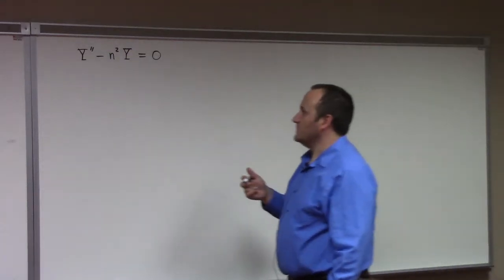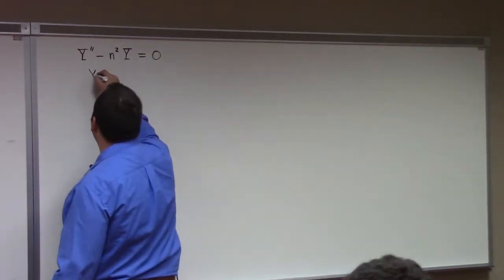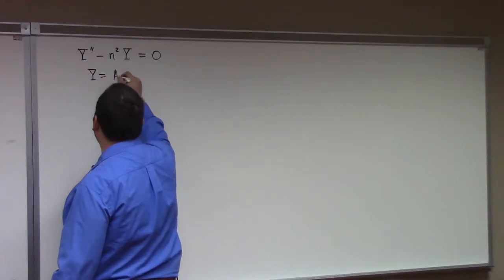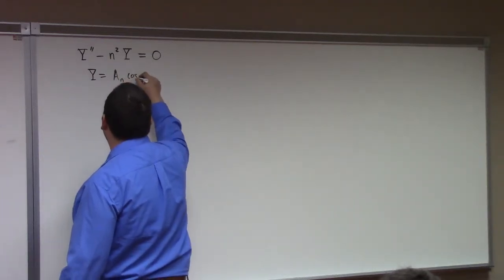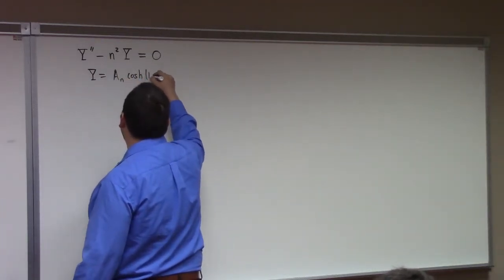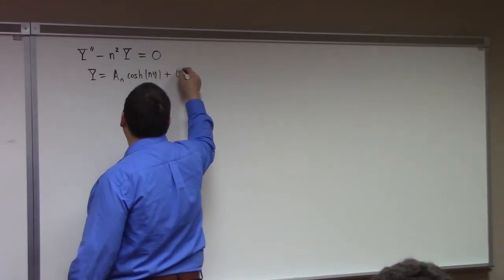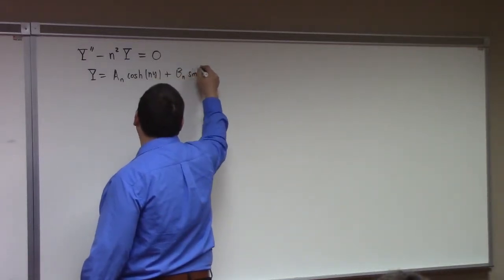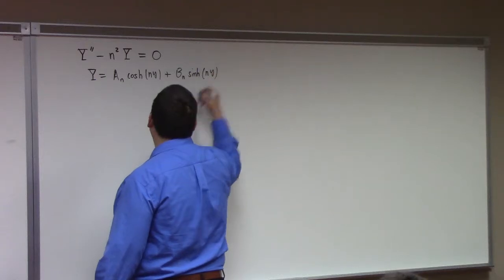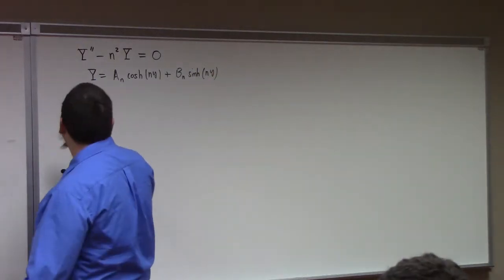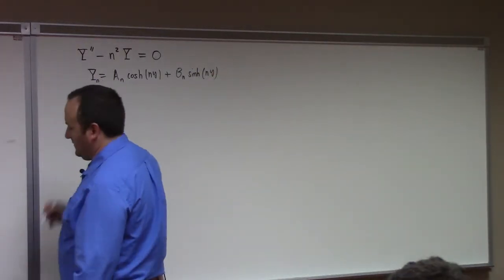So what are the solutions? y is equal to something like a sub n hyperbolic cosine of ny plus b sub n hyperbolic sine of ny. And maybe I should call that y sub n to reflect the fact that it's got an n dependence. So I take the product of these two guys, and I have solved at least part of the problem.